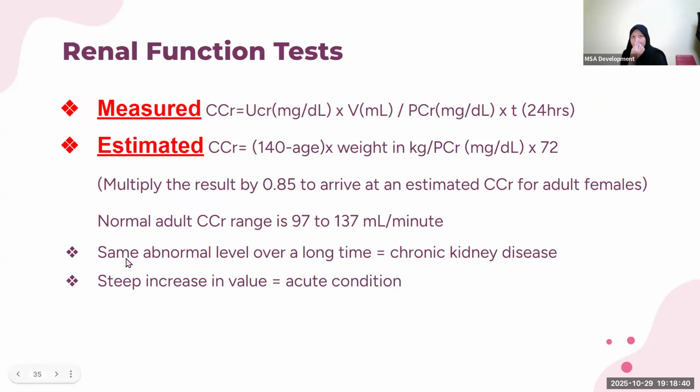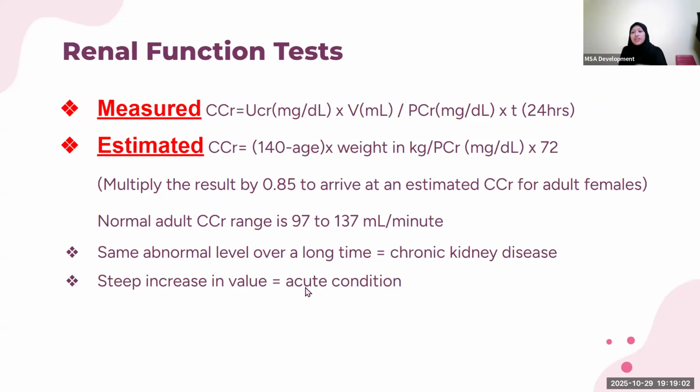Okay, this is another point that I saw. If the creatinine is abnormal for a long time, that represents chronic kidney disease. If it shoots up or down overnight, very quickly, it's an indication of an acute condition, like an infection of the kidney.